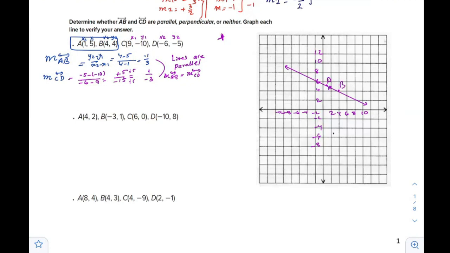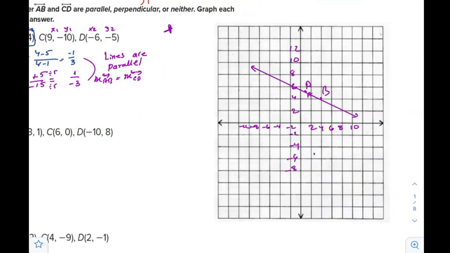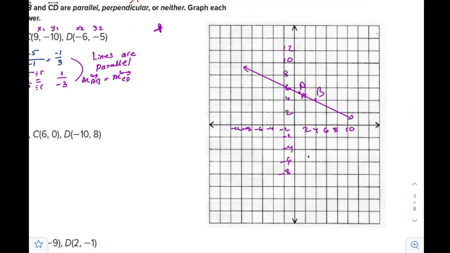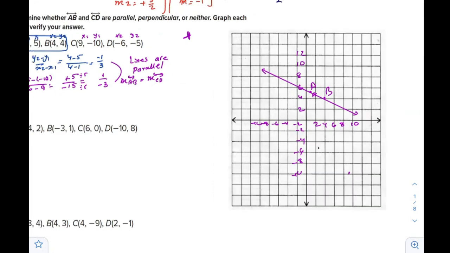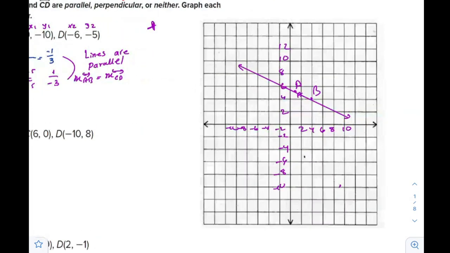The second line is CD: 9 and -10, which is 9 going down to -10 somewhere here. And the other one is -6 and -5, so it is somewhere here.